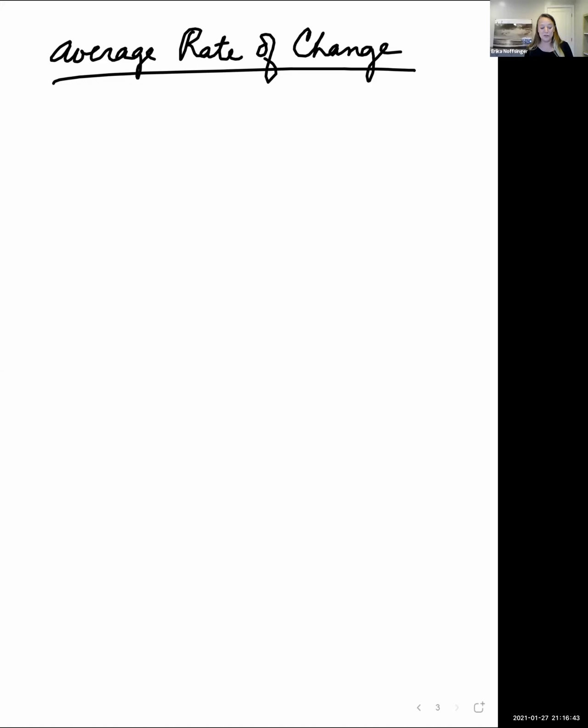Okay, so average rate of change is basically finding the slope between 2 points that are on the curve. And so just kind of like we were doing before, we can call a point x sub 1 comma y sub 1, maybe x sub 2, y sub 2.